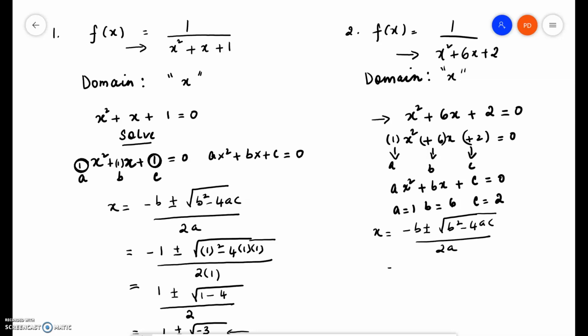So we have x equals minus b plus or minus the square root of b squared minus 4ac over 2a.